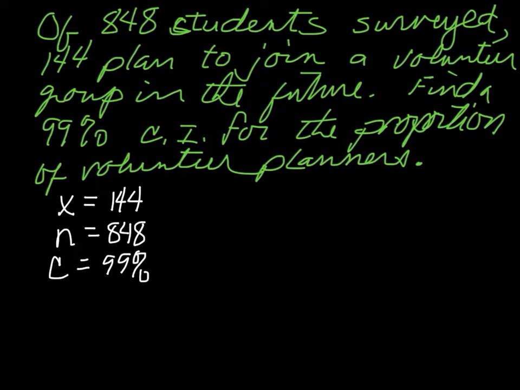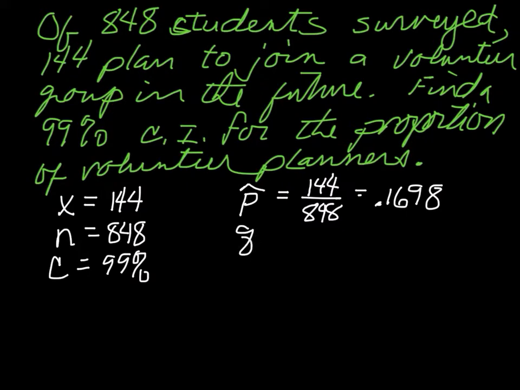First thing we'd like to find is the sample proportion P hat. And that's pretty simple to do. That's just X over the sample size, which is equal to 144 divided by 848, which is equal to 0.1698.